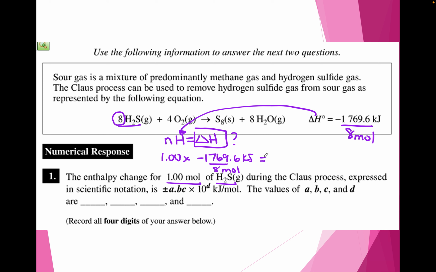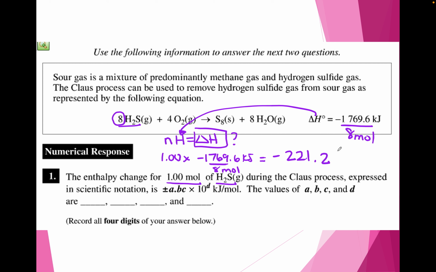And now this question is also showing that you can put your answer into scientific notation and answer in that particular format of A.BC times 10 to the power of D. So I'm just plugging this in. I'm getting the value of negative 221.2.